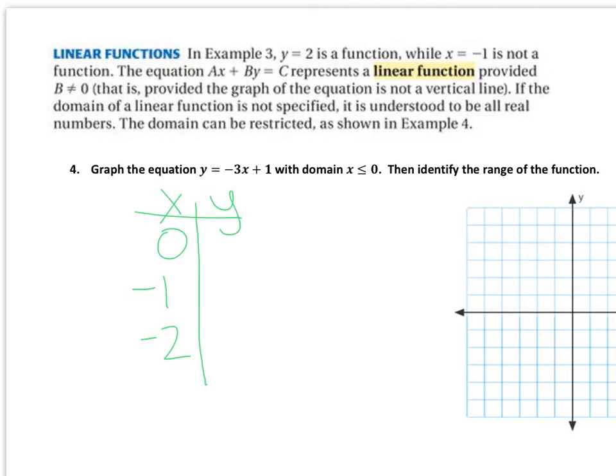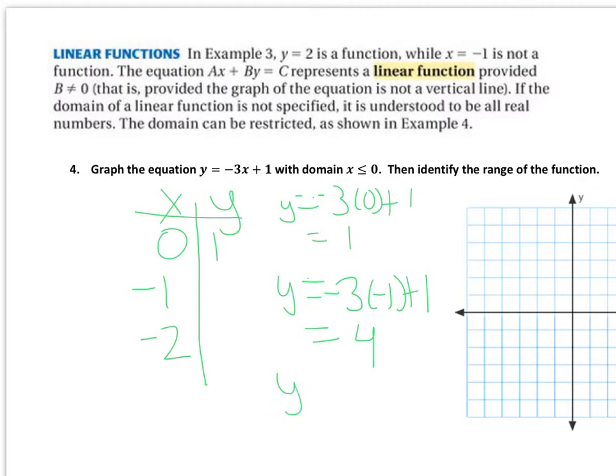If you plug in 0, y equals negative 3 times 0 plus 1. So it's 1. Y equals negative 3 times negative 1 plus 1. 4. Y equals negative 3 times negative 2 plus 1.